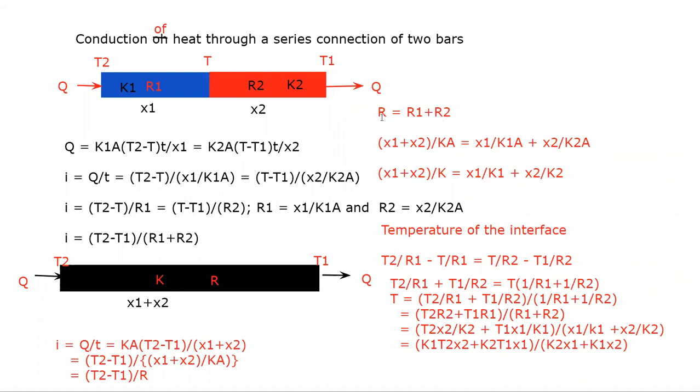Now if we put in the values of R, R1 and R2, we get (x1 plus x2) divided by KA is equal to x1 divided by K1A plus x2 divided by K2A. Then A from both sides gets eliminated, and you get (x1 plus x2) by K is equal to x1 by K1 plus x2 by K2.